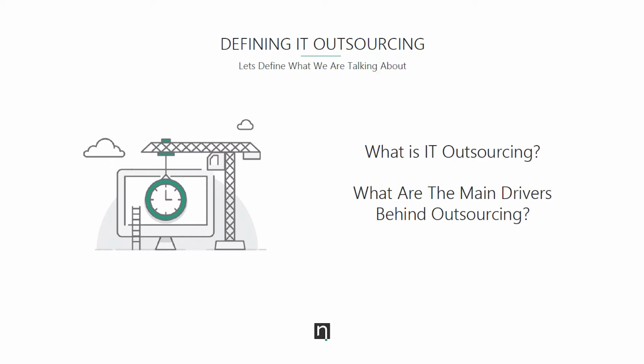So it really can be an end-to-end outsource, or some clients choose very much just to outsource a specific element. So they might have all of the local infrastructure covered, but they need all of their data and their applications securing centrally in data centers and delivering back to them and managed. So there is a range of services that people can outsource where IT is involved.